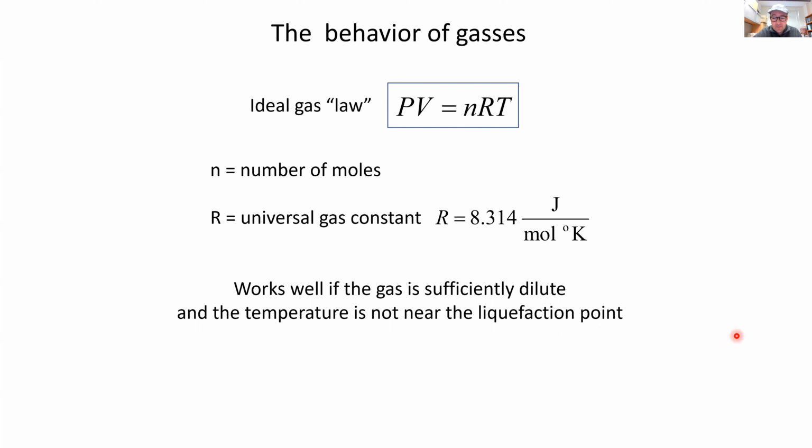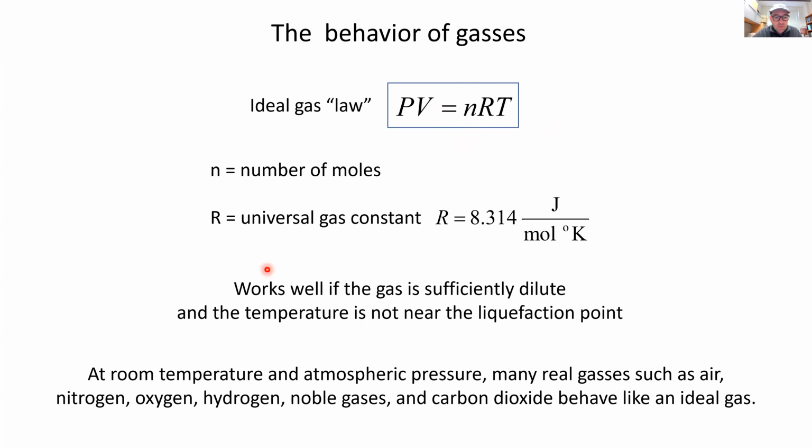If molecules collide, they can have perfectly elastic collisions. But for the most part, the particles don't know that each other exist. And that's why you need to dilute gases in order to really see this behavior. However, for room temperature and atmospheric pressure, real gases really do behave according to an ideal gas law pretty accurately.